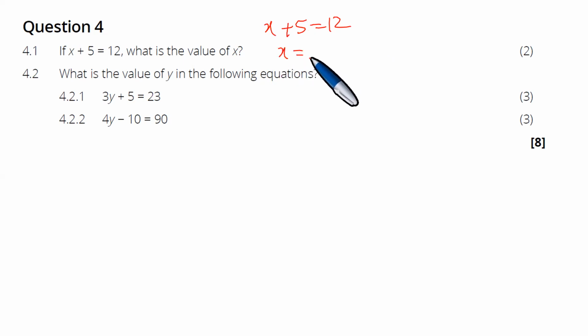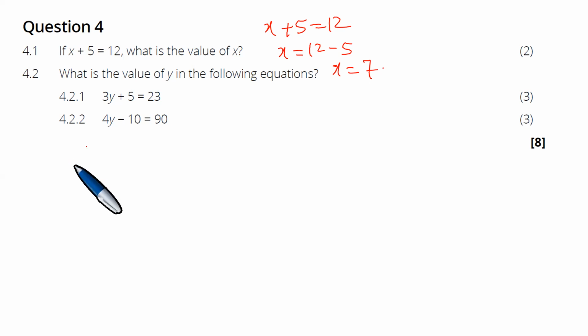So you transpose the 5. What does it become? Negative. What is x? What is 12 minus 5? 7. So that is the value of x.